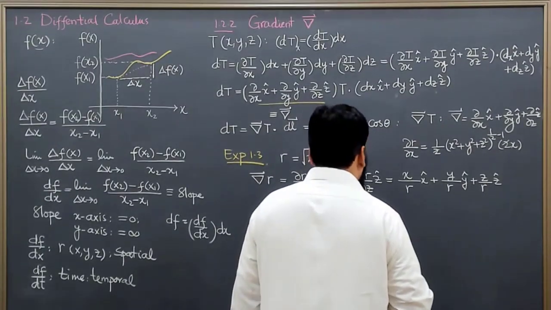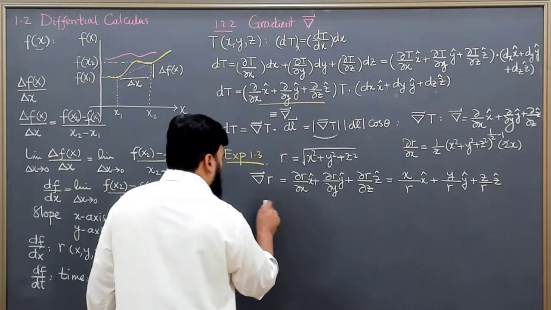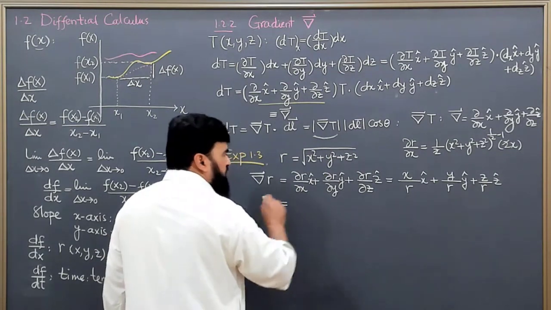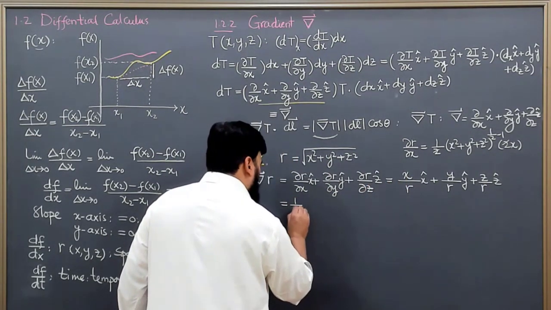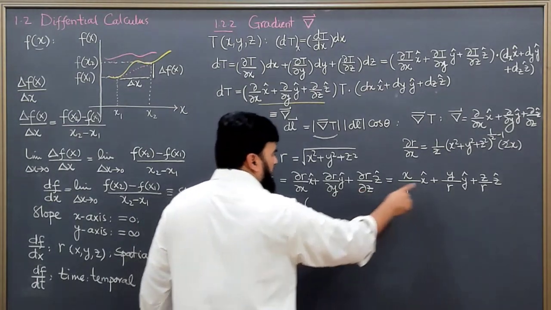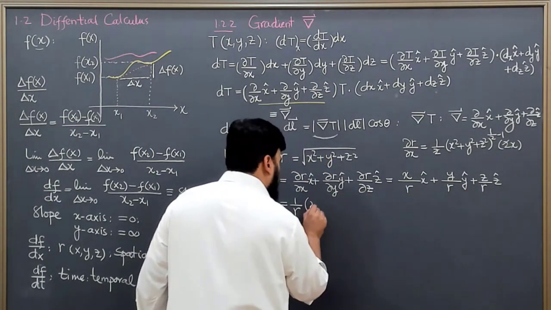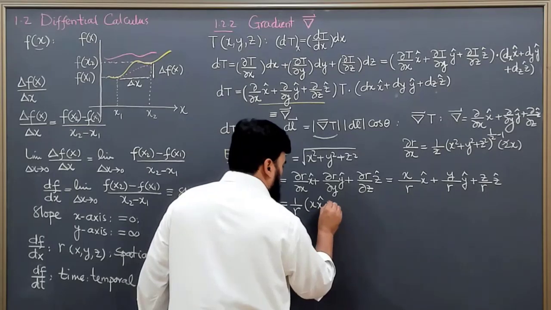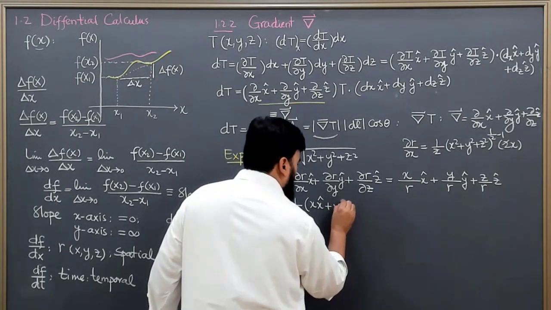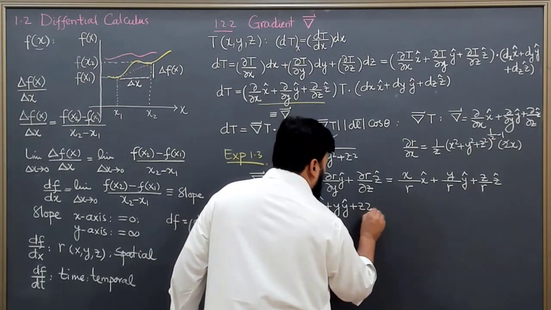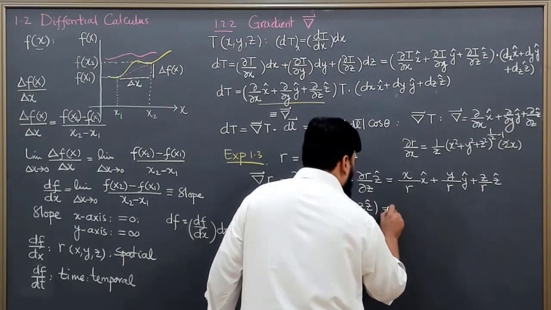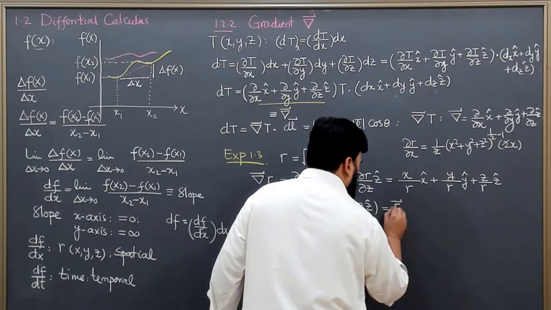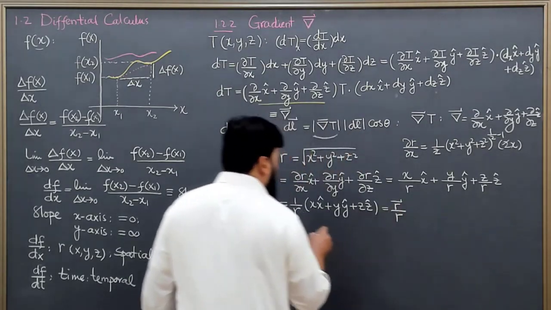So this is equal to del r, and if I write 1 over r as common, then it is x in the x unit vector plus y in the y unit vector and z in the z unit vector. This is equal to r vector divided by the r magnitude.